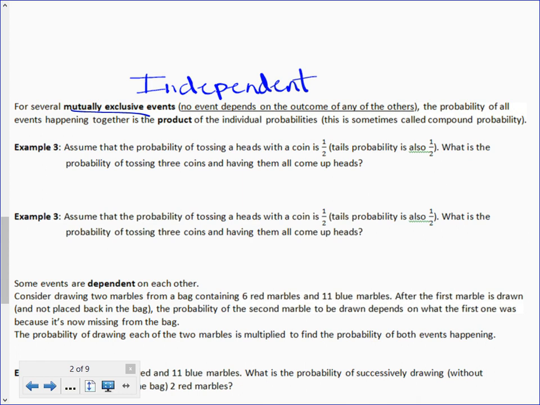Okay. I'm going to close my eyes. I'm going to pick one. Of course, I took a pencil. And now I'm going to say, what is the probability of getting a pencil again? 2 out of 5. Okay. To calculate the probability of getting 3 pencils in a row, you would multiply those fractions together. So let me show you some examples here.